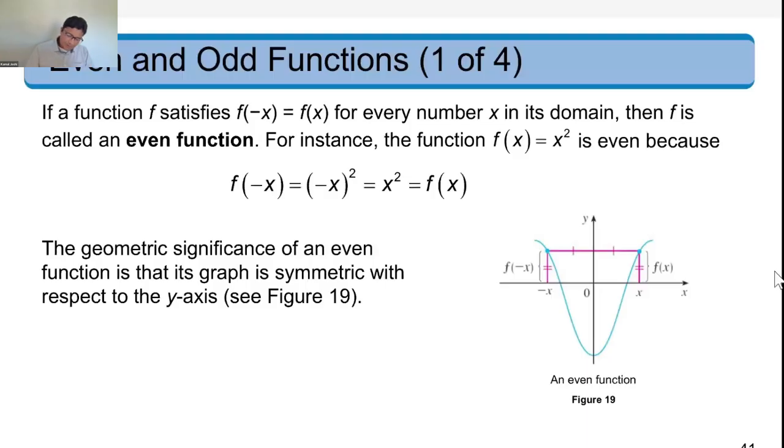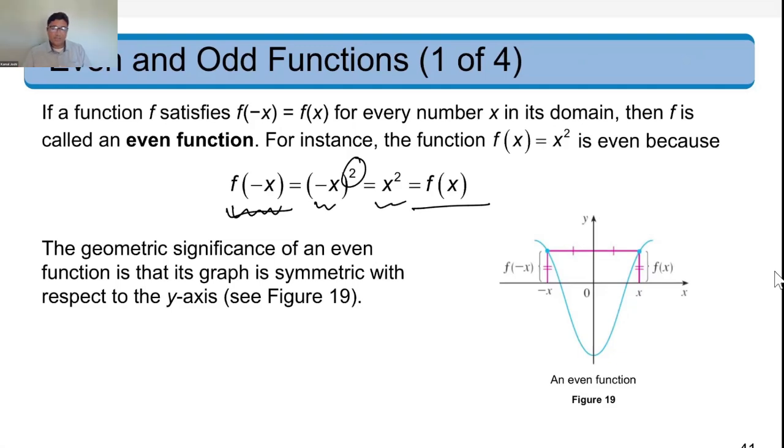Here, if you evaluate f of negative x, for the function f of x equals x square, you take negative x and whole square it, you get the same output, right? When you square, the negative sign goes away. So f of negative x is the same as f of x. And that will happen for every even power of x, right? So these kind of functions are called even functions.